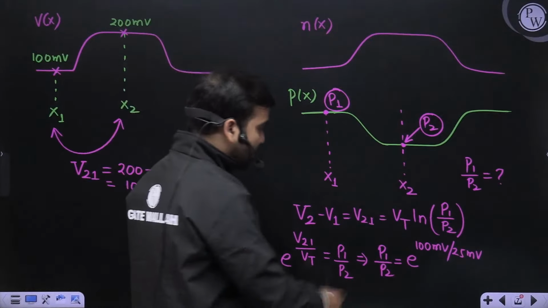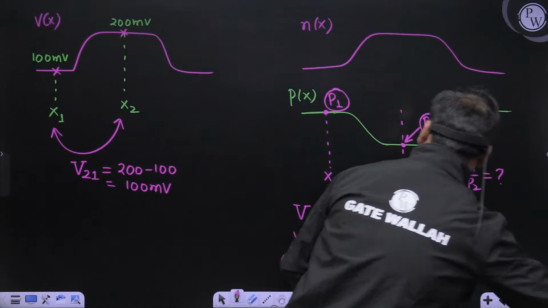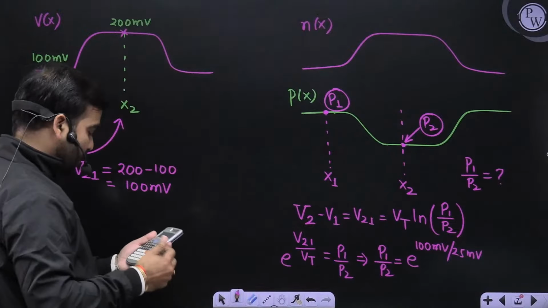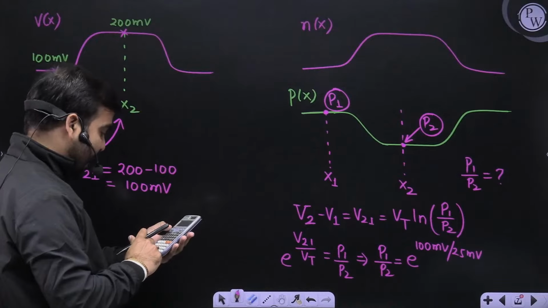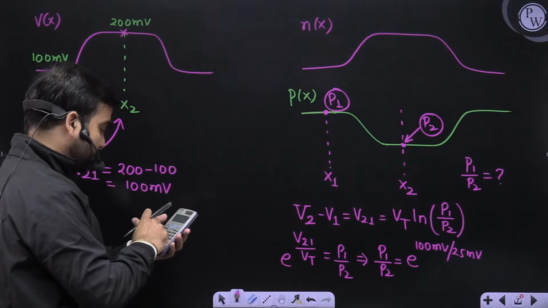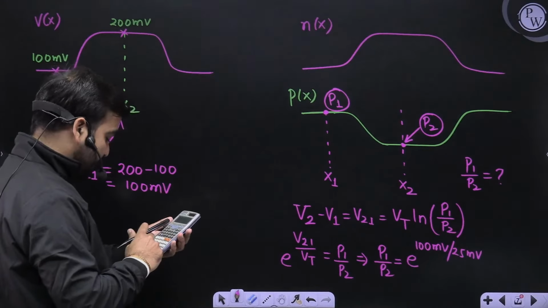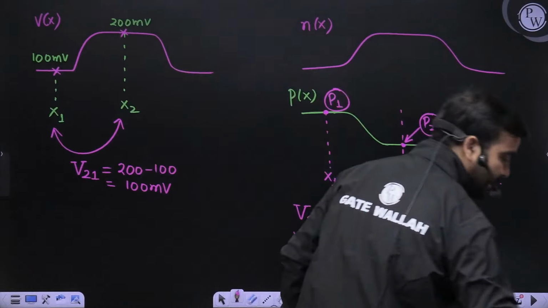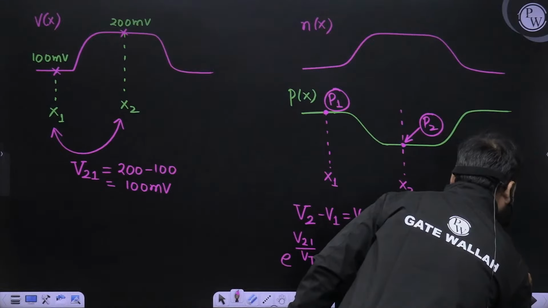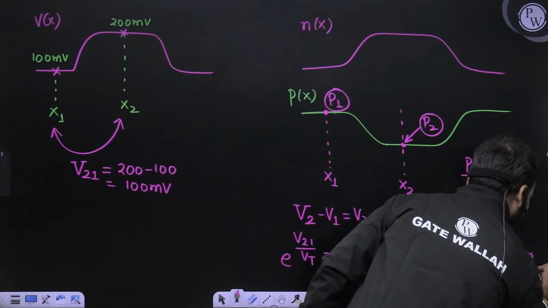Okay, so let's solve this. It is exponential of 100 upon 25, which is 4, we can say. So it is 54.598.